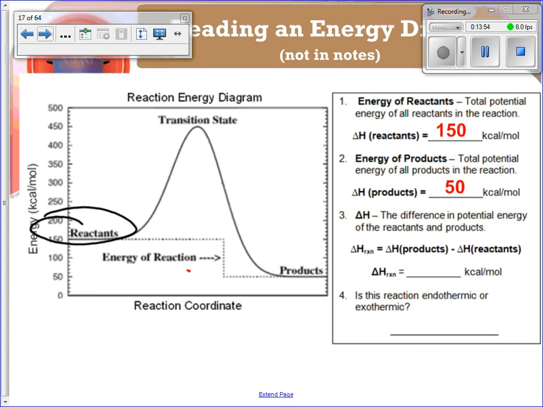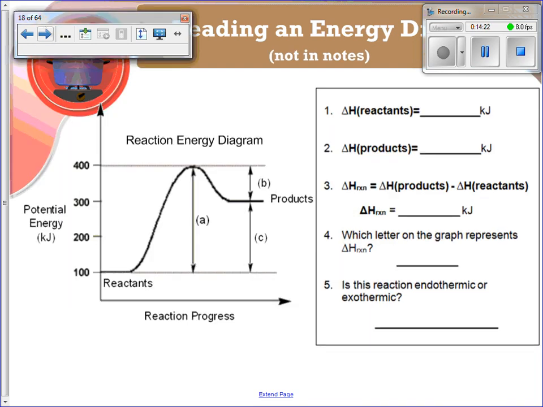Overall, the difference in that potential energy, calculating enthalpy, products minus reactants. So products is 50 minus 150. So my change is going to be negative 100 kilocalories per mole. Is that endothermic or exothermic? That is exothermic, because my change in H is a negative number. And also, visually, my products have a lower potential energy than my reactants. Therefore, they lost energy, and it's exothermic.